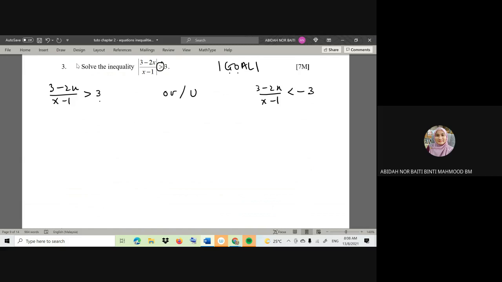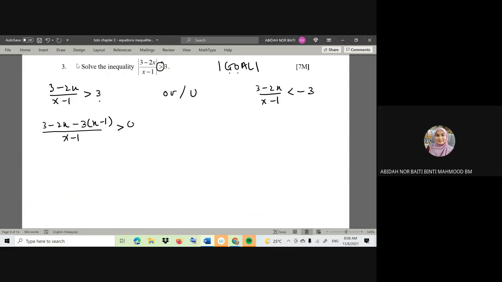Then we rearrange because we want 0 at our right side. We rearrange and equalize denominator. So your denominator is x minus 1. Your numerator is 3 minus 2x minus, okay, this is positive. When we rearrange it becomes -3 times (x minus 1).